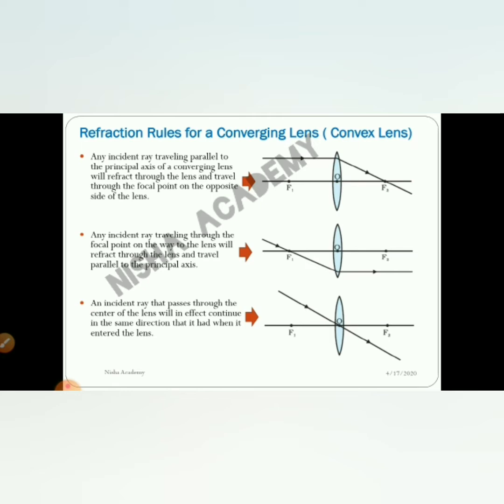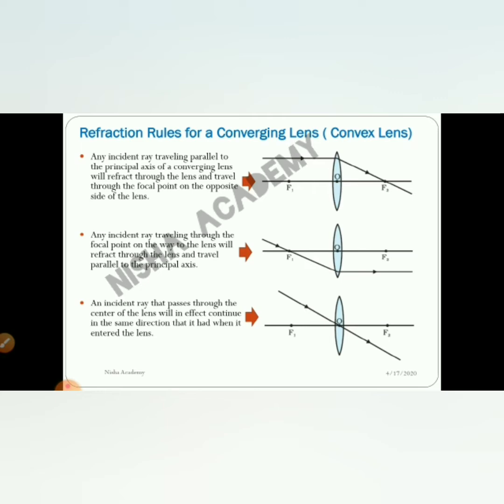Now take the third figure. Here you can see that we have taken an incident ray directly to the optical center O of the lens. So the incident ray that passes through the optical center of the lens will continue in the same direction when it enters the lens, and it does not undergo any refraction.